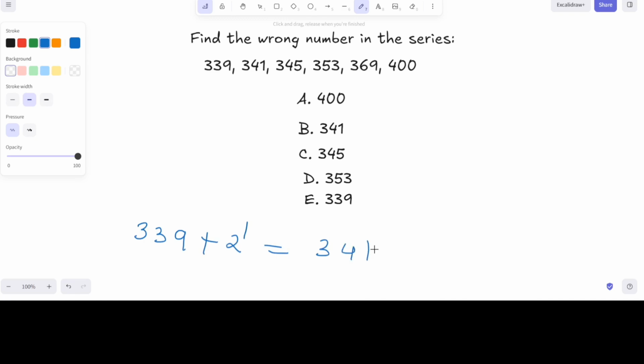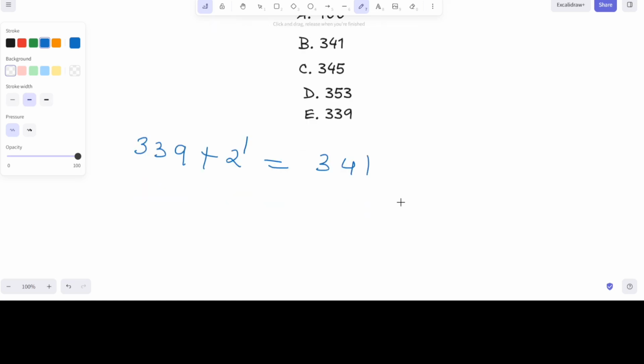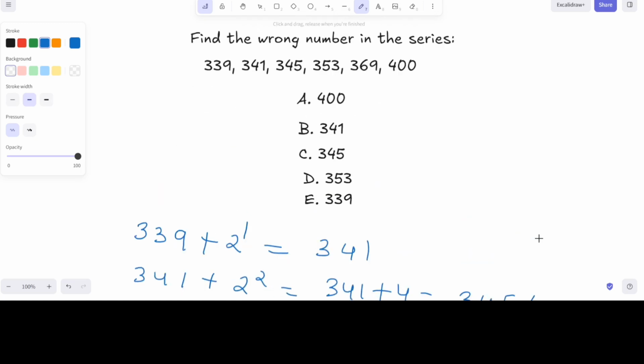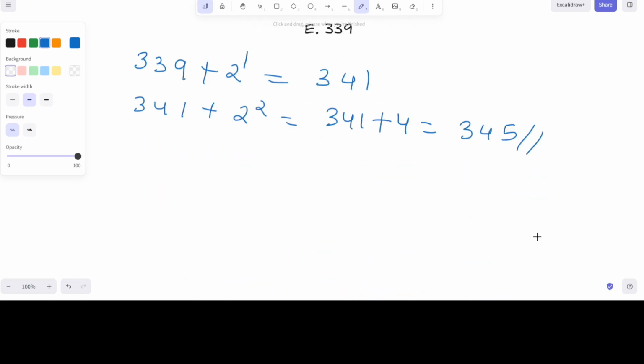Similarly, we know 341 plus 2 raised to 2 equal to 341 plus 4 equal to 345. That is the next term, right? Next term is 353.